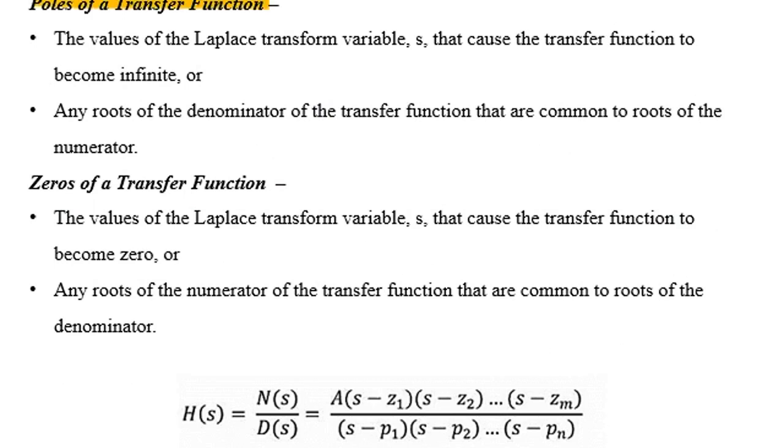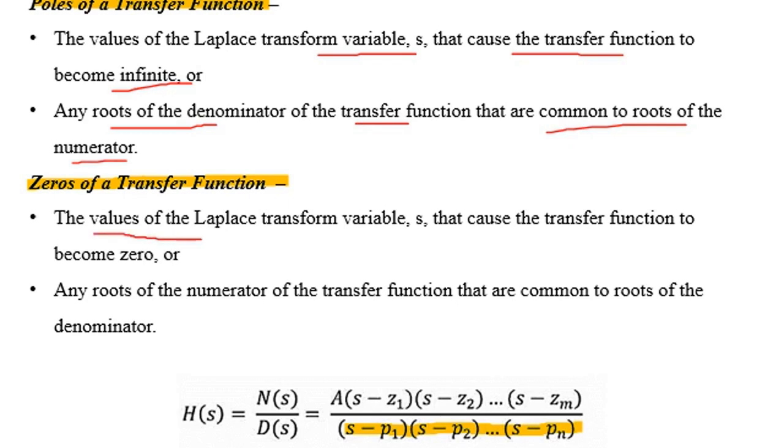Now we will study poles and zeros of a transfer function. Starting with poles, the values of the Laplace transform variable s that cause the transfer function to become infinite, or any root of the denominator of the transfer function that is common to roots of the numerator, are known as poles.